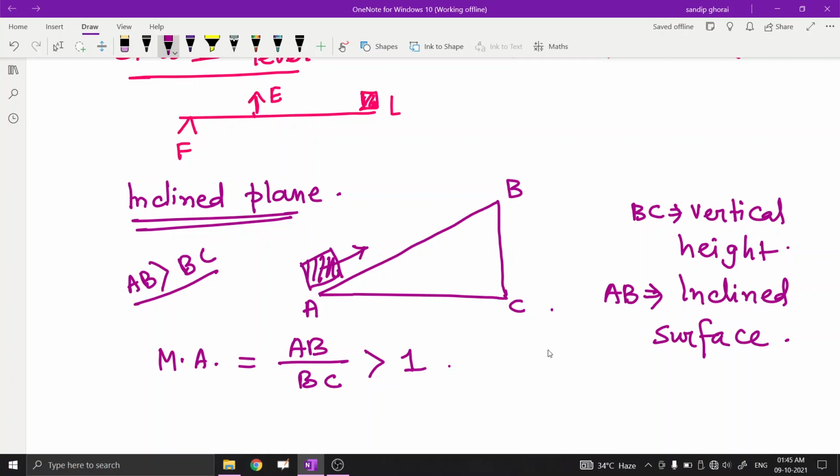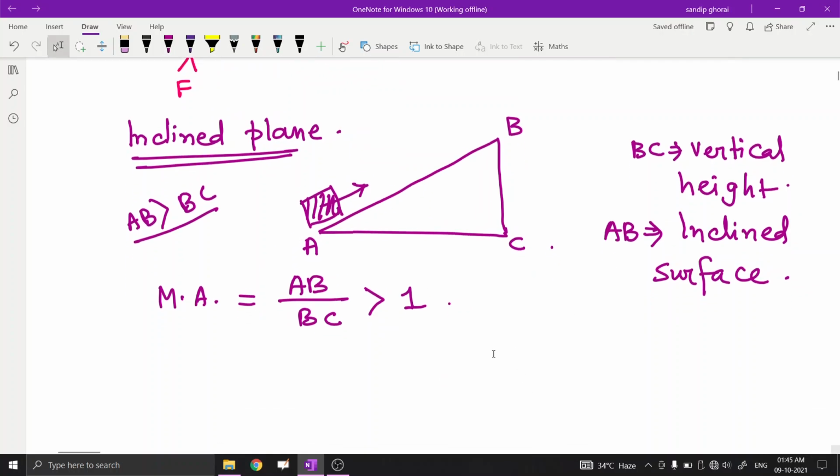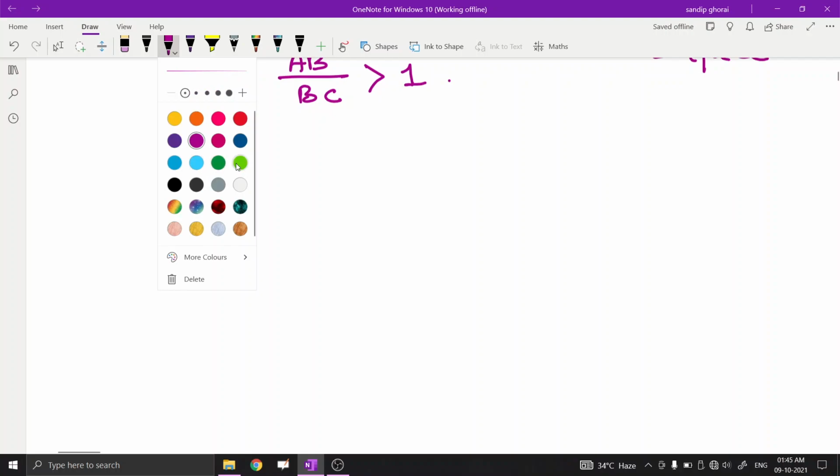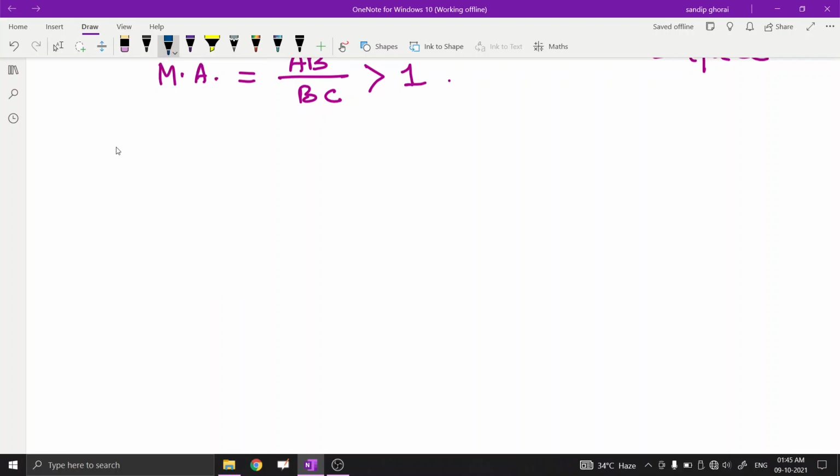Next we move to our third machine, which is the wedge. At first we have to define what a wedge is.